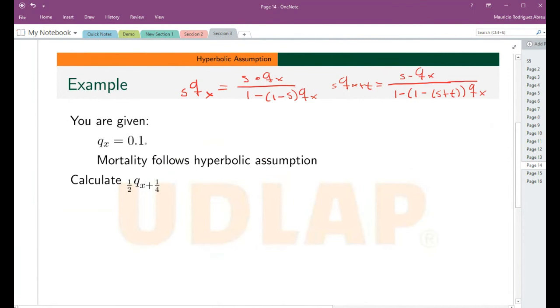Okay. So if we were to solve for this, we will be under the second scenario, right?